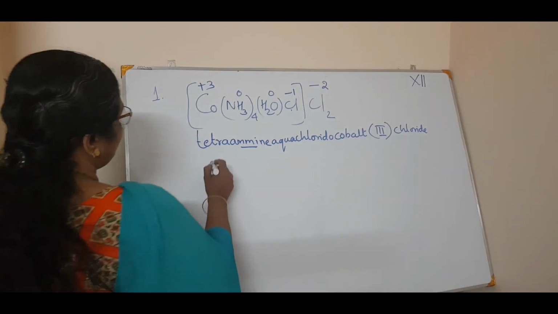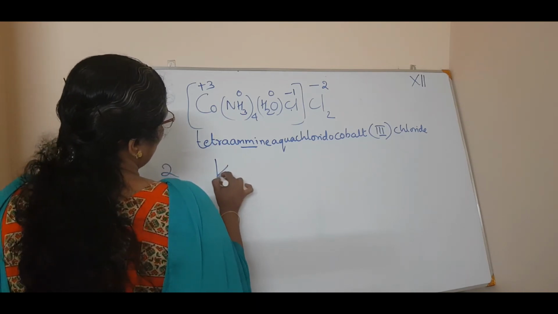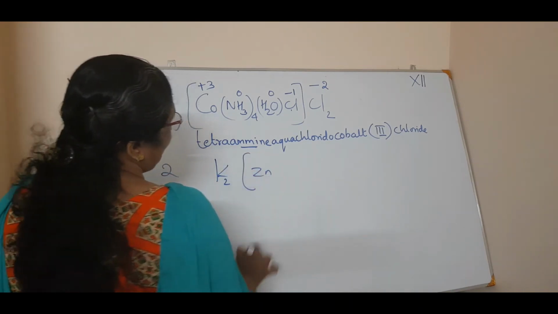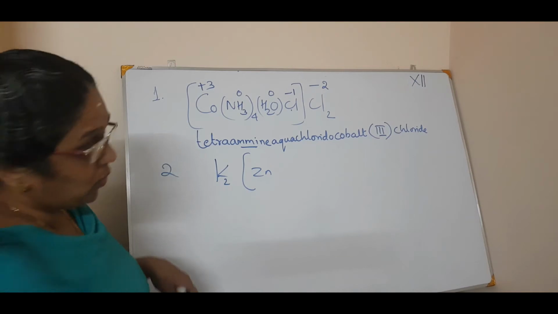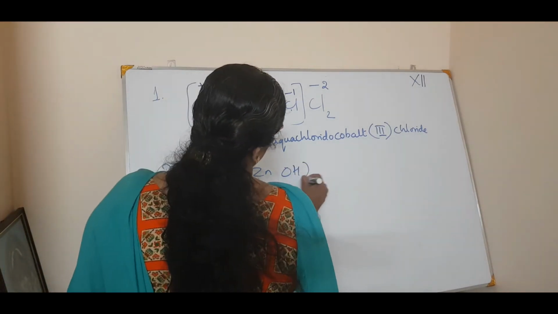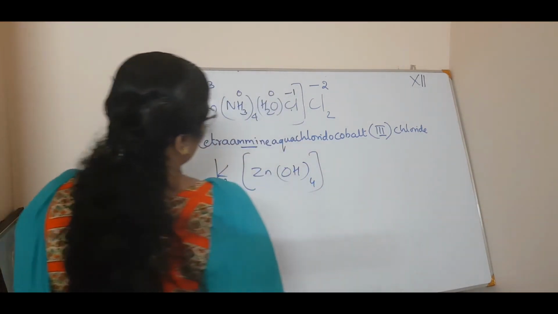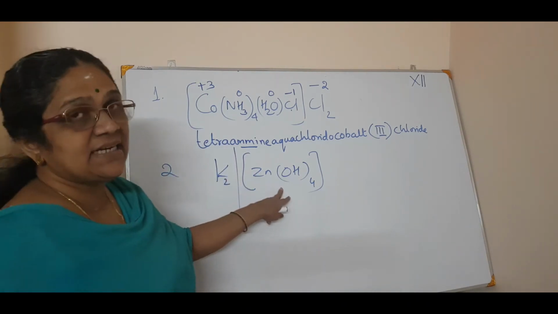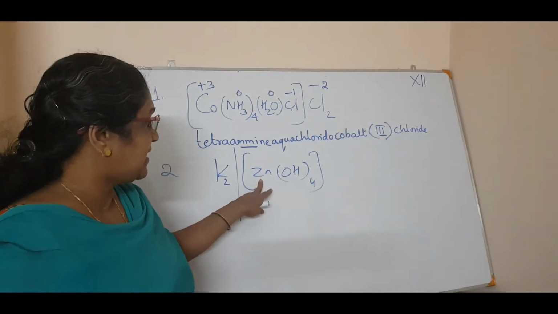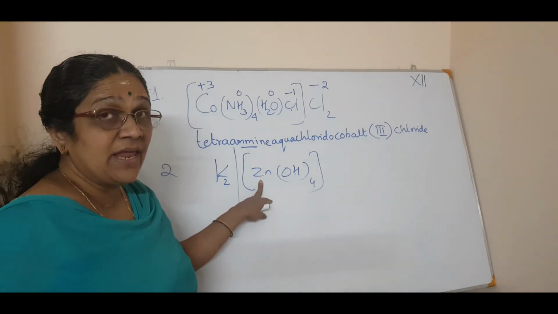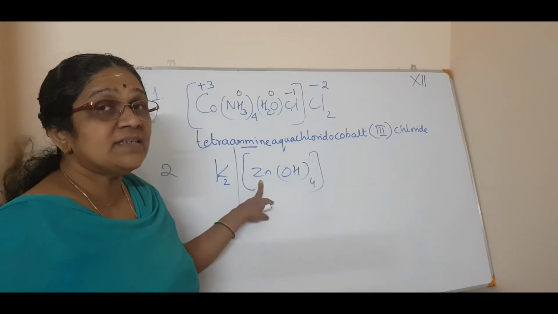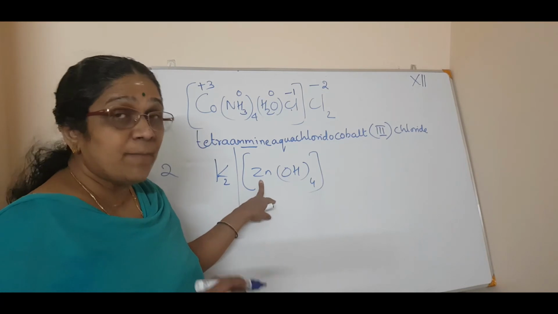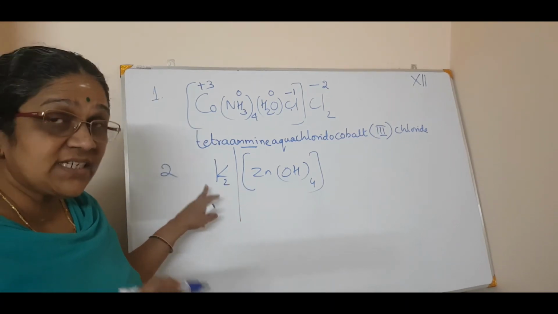K2, okay, second one. K2, then Zn, OH 4 times. First you have to see this is the positive entity. This is the negative entity. So our metal atom comes in the anion. So what will be that? Zincate. Okay. But we should write the positive entity first.